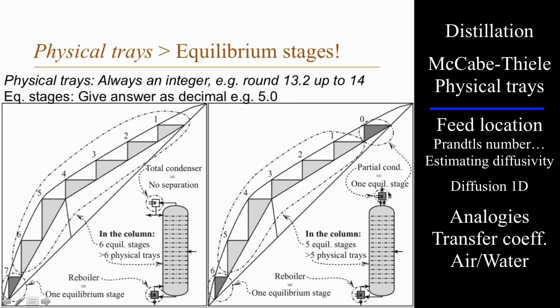And if you have a partial condenser, that's also an equilibrium stage outside the actual column. So in this case, when you need 7 equilibrium stages in total, if you have both the partial condenser and the reboiler, you only need 5 equilibrium stages inside the column. And when you calculate physical trays, you should always round up to an integer. So if you get the answer 13.2, then round that up to 14, because 13 is not enough.